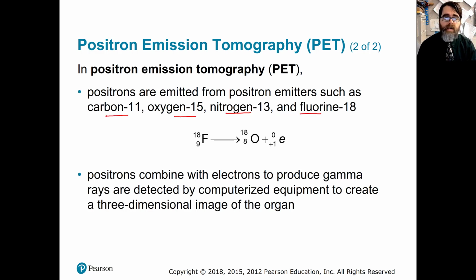Here, different radioisotopes that give off positrons, and specifically this one here in the example nuclear reaction equation there is the fluorine-18.